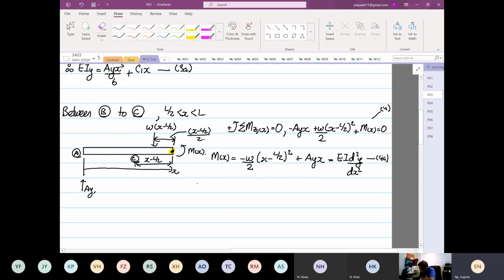Then we integrate again, EI dy by dx. So before I integrate, I'm going to expand it.